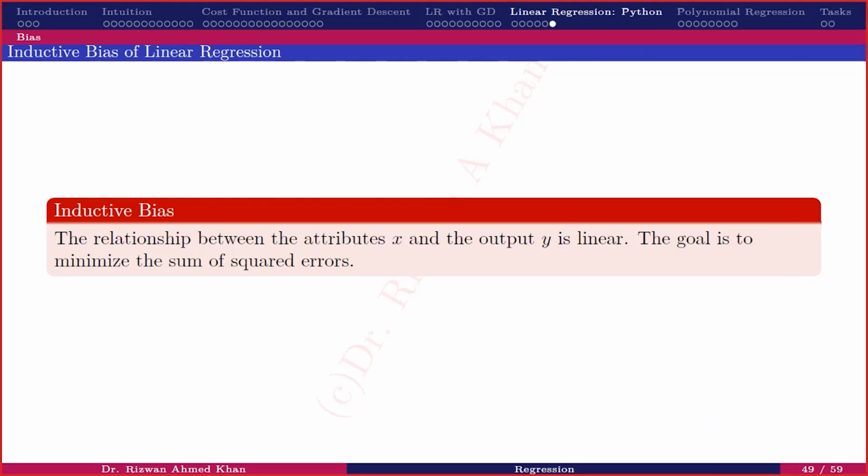So the inductive bias of the linear regression algorithm, or supposition of the linear regression algorithm, is that the relationship between attribute x and y is linear because it's linear regression, and the goal is to minimize the sum of squared error. So this is the inductive bias of linear regression.